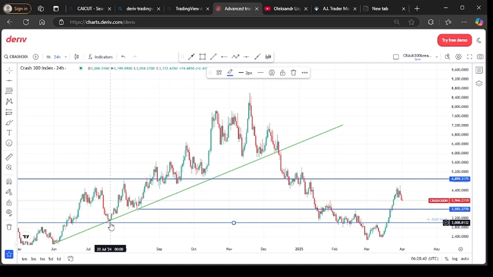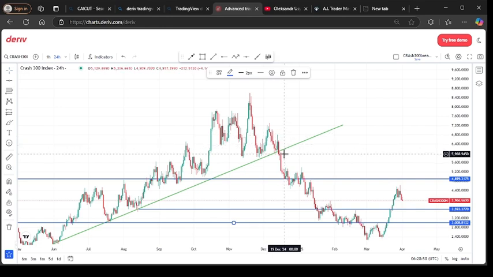Let me have these three. So your entry, we said, will be when this candle closes below the trend line, because this was an uptrend and it's now broken and it's now going down.